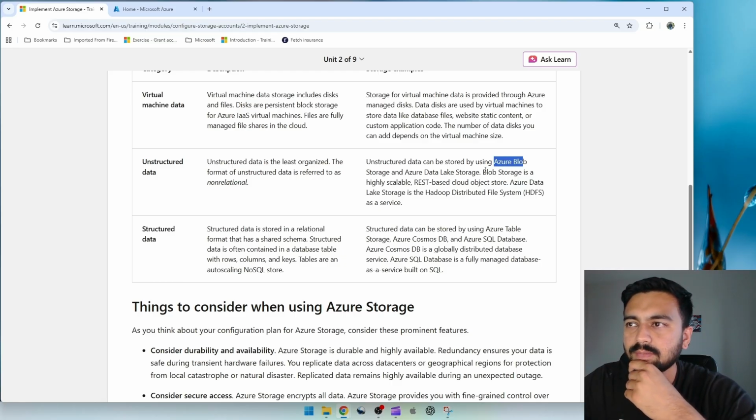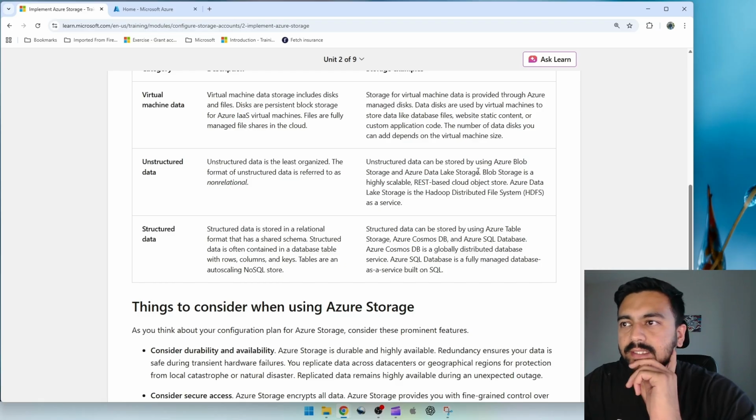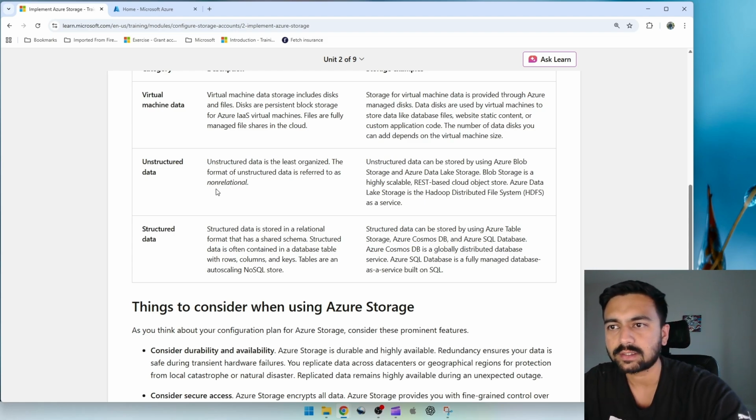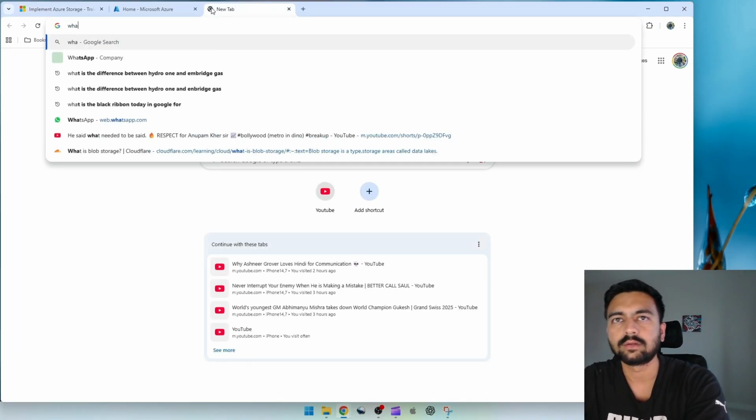So this is basically telling us what functionality of what type of Azure storage is used to save unstructured data. But let's see what it is first. So what is unstructured data, and what does it even mean?